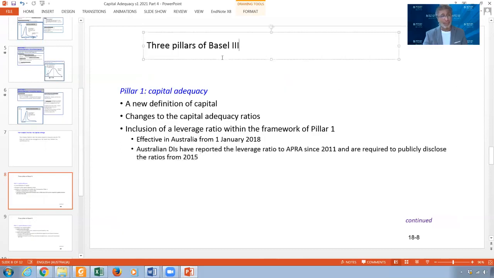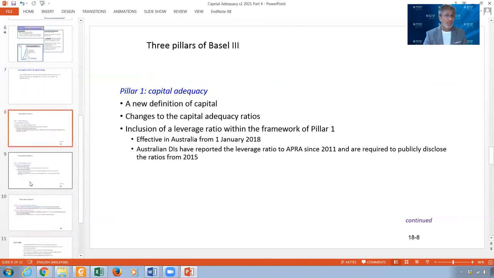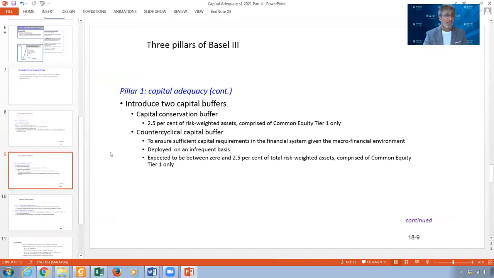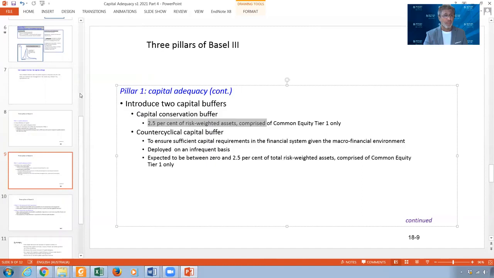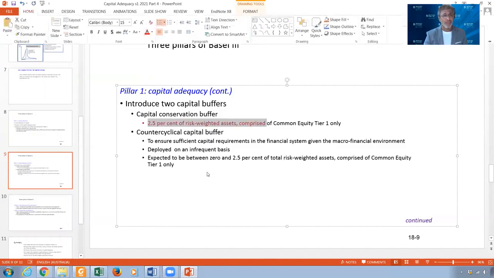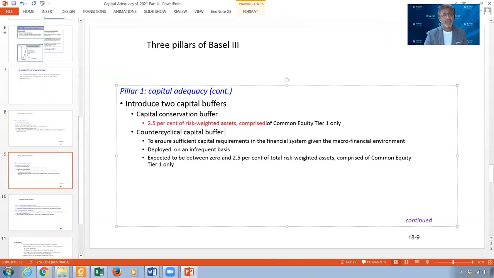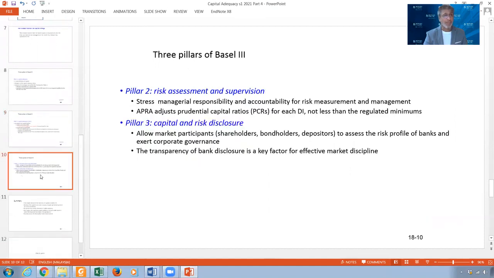All I want to say is that Basel III is actually Pillar 1, Pillar 2, and Pillar 3. This is Pillar 1, and Pillar 1 also requires what we call 2 buffers. This one is already effective. And this one is the countercyclical buffer, which we talked about, and we said regulators have the right to impose it when there is much volatility or instability in the financial market or the financial system.